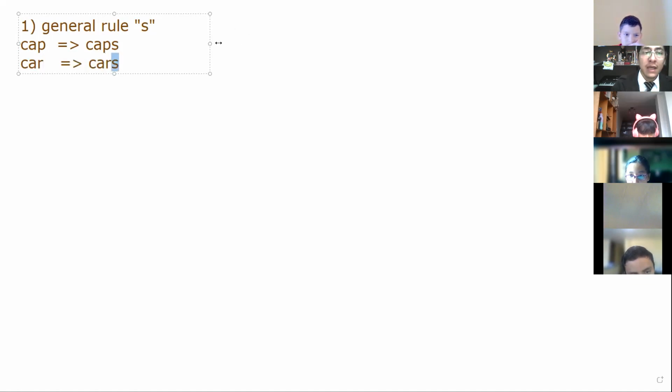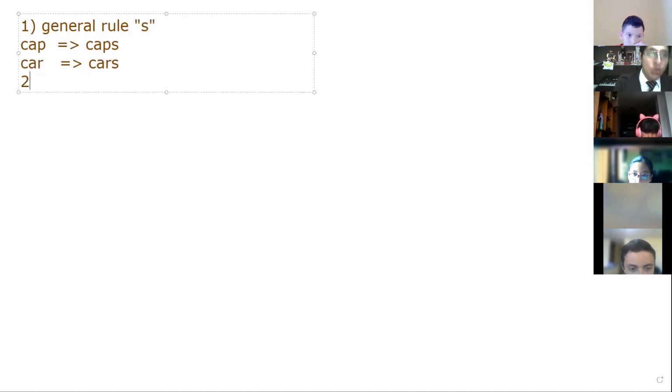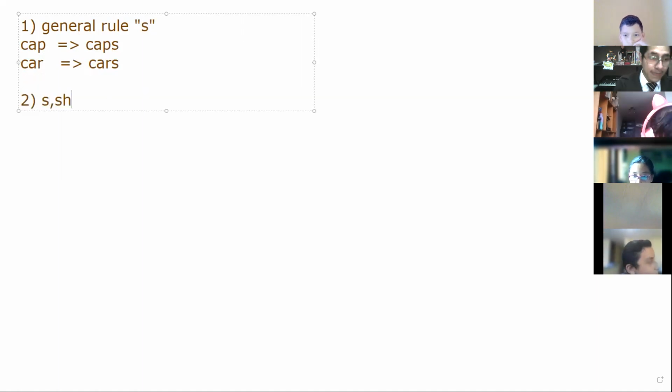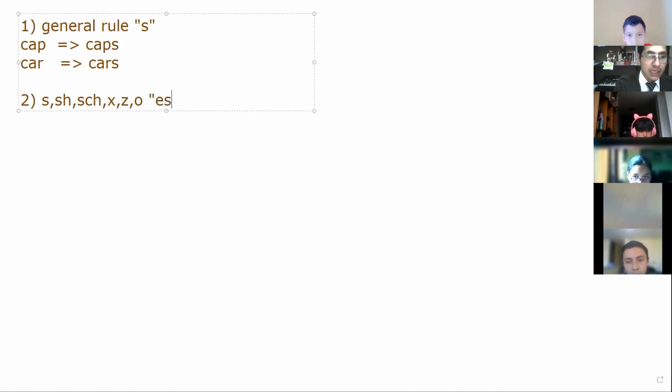You see, and then what is the next rule? The next rule says when you have words, or in this case, the nouns that end in S, SH, CH, X, Z, or even O, you have to add, in this case, ES.